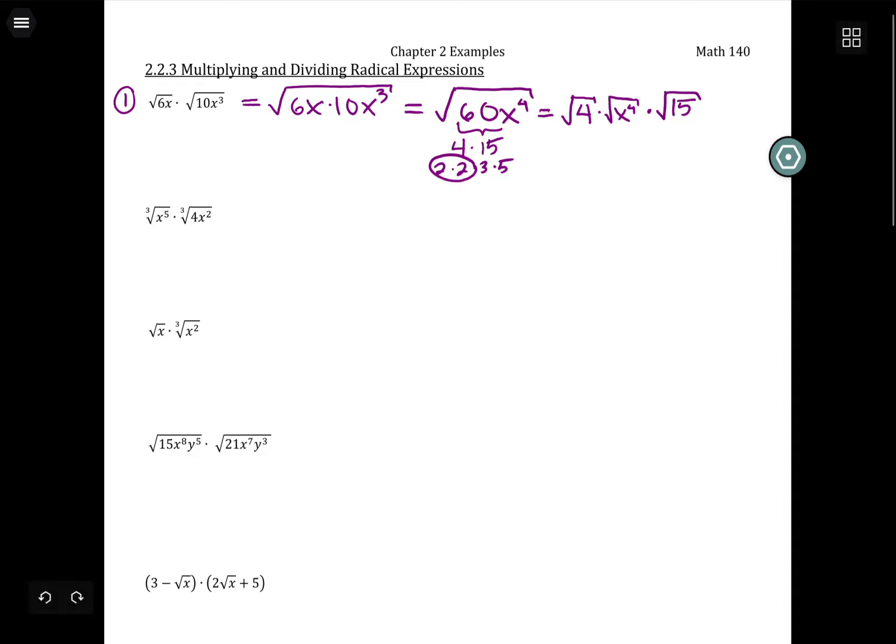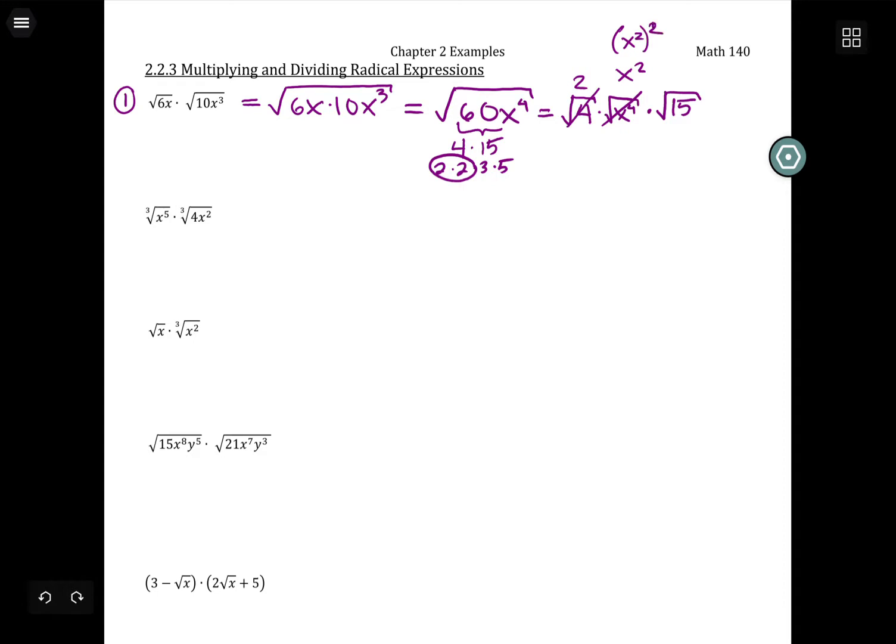Okay, so the square root of 4 is going to become a 2. The square root of x to the fourth is x squared. Again, multiple ways to think about that. My favorite is to say, okay, that's x to the fourth raised to the 1/2 power. So 4 times 1/2 is 2. You could also say, okay, x to the fourth is the same as x squared squared.